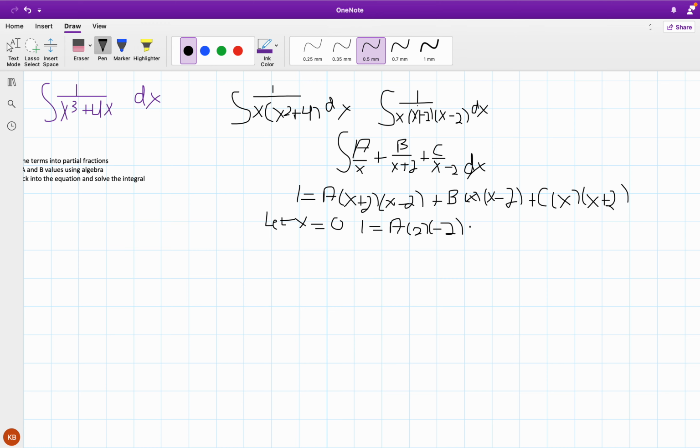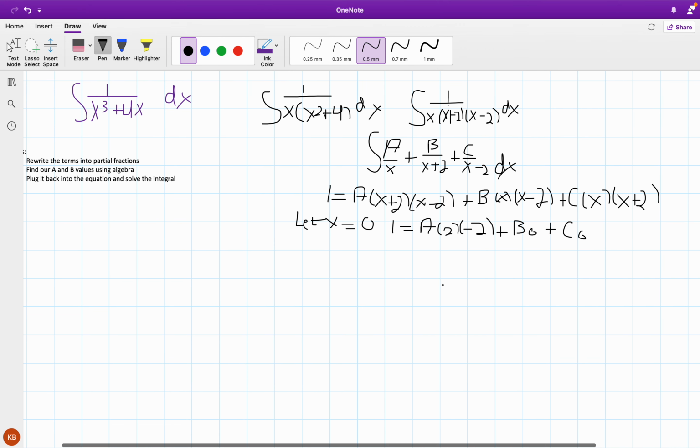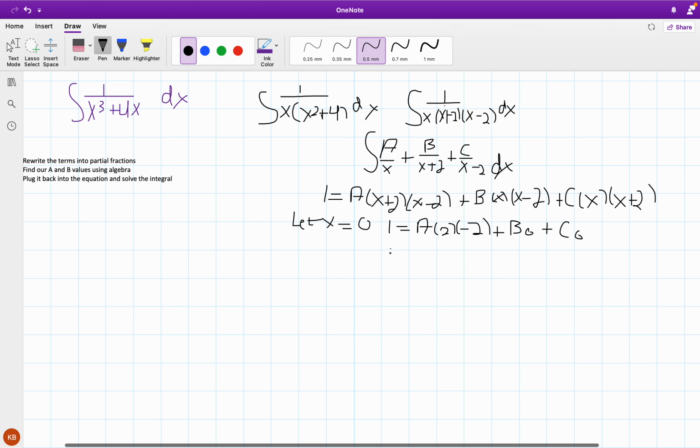Anything multiplied by 0 is 0, so the B and C terms cancel. The only thing we have to worry about is A, and since it's isolated, we can solve for it. So 1 will equal negative 4A, and that makes A equal negative 1/4.